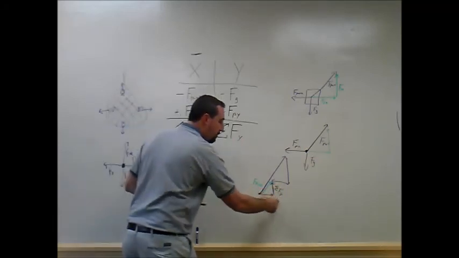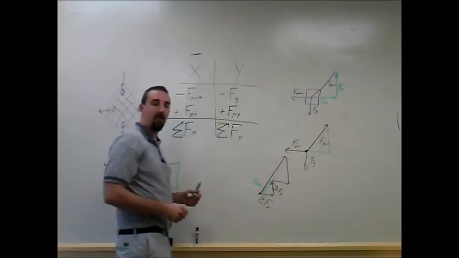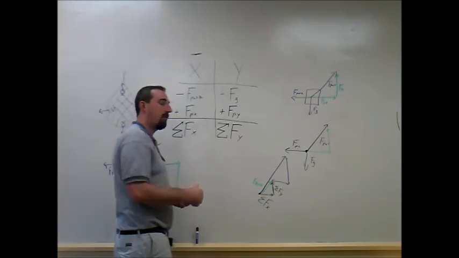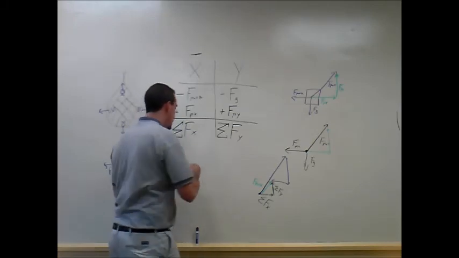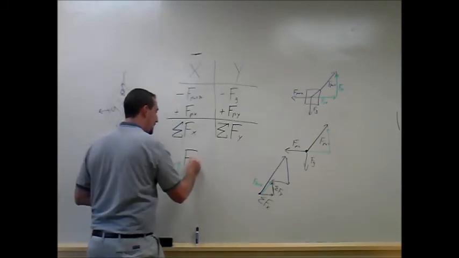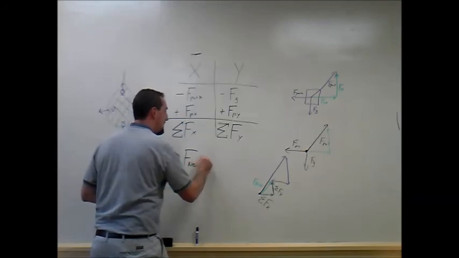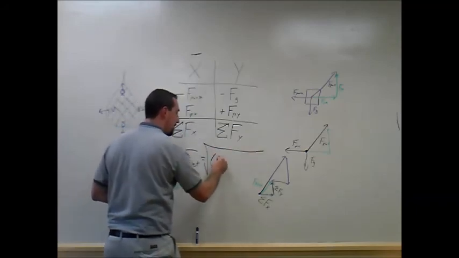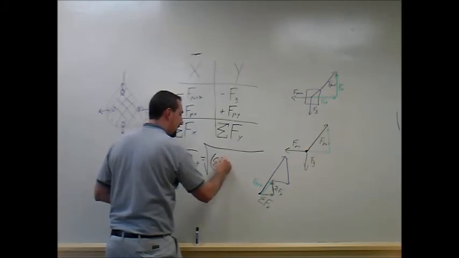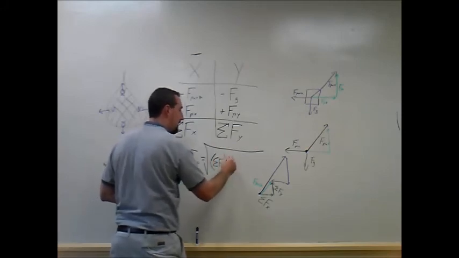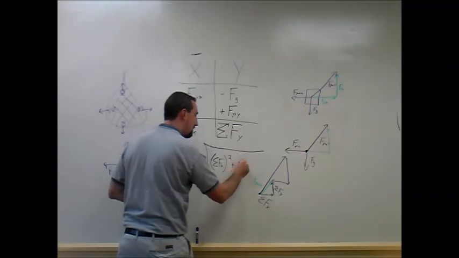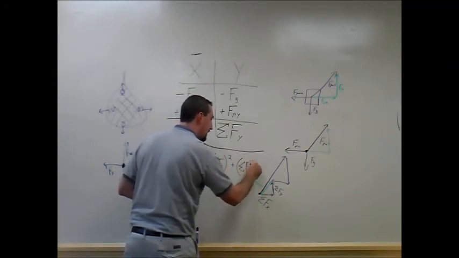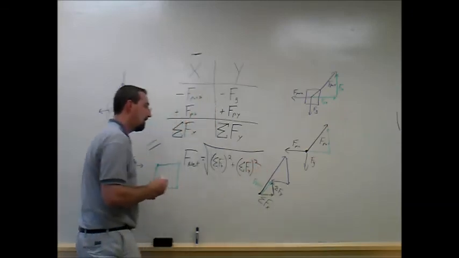Well, if we have those two parts, it's pretty easy to get F net. We've done this 100 times just with different symbols. Slap Pythagorean theorem on it, we're all done. So what we find out is F net equals the square root of sigma Fx, the sum of all the forces in the x direction, squared, plus the sum of all the forces in the y direction squared.